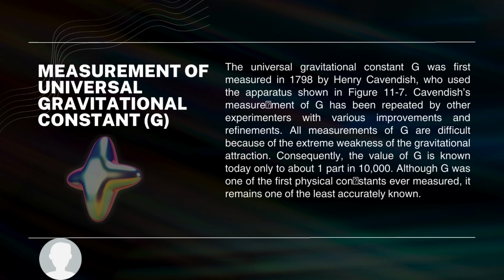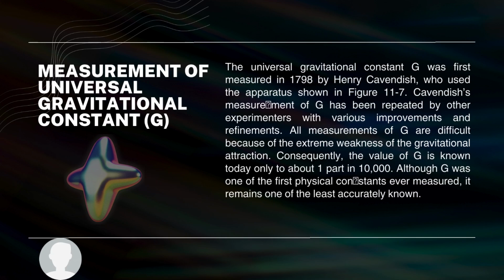For the next one, let's talk about the measurement of the universal gravitational constant G. The universal gravitational constant G was first measured in 1798 by Henry Cavendish. Cavendish's measurement of G has been repeated by other experimenters with various improvements and refinements. All measurements of G are difficult because of the extreme weakness of the gravitational attraction.